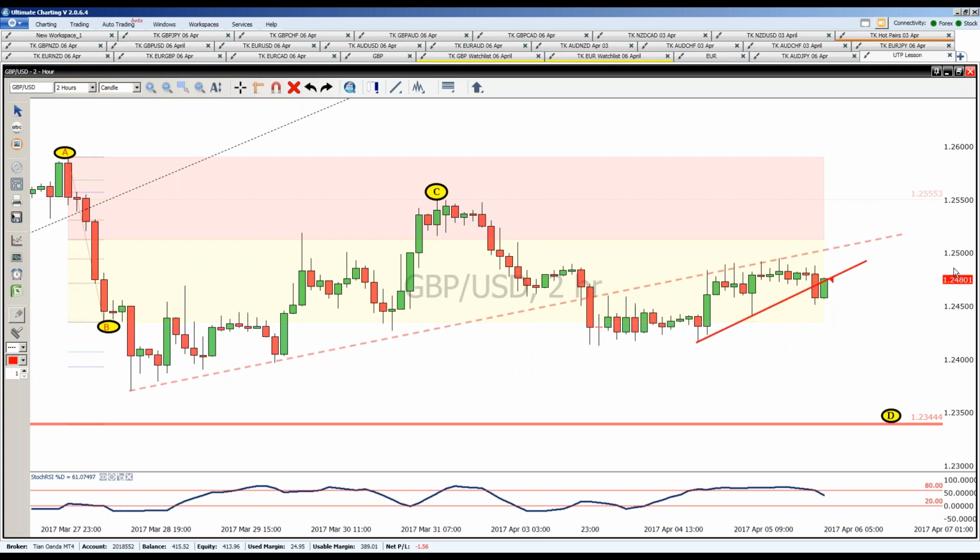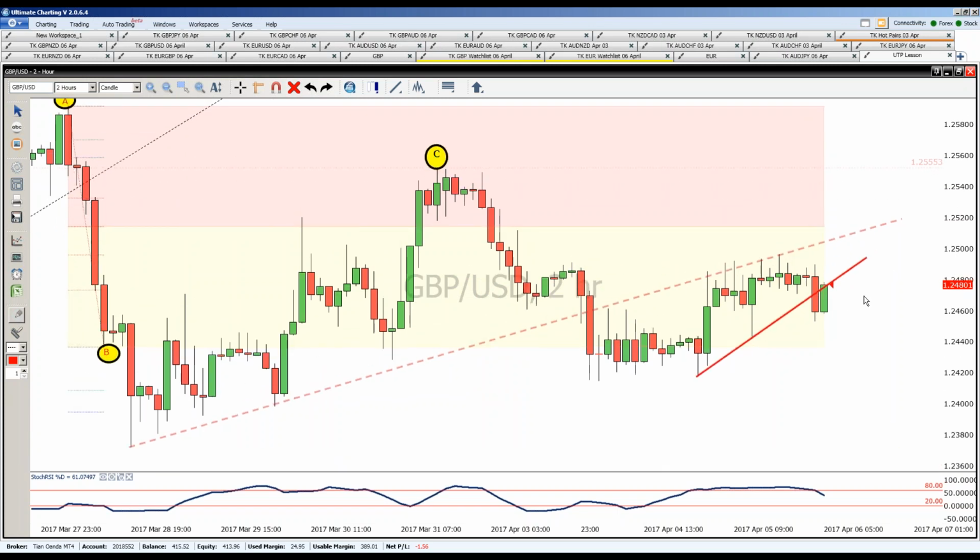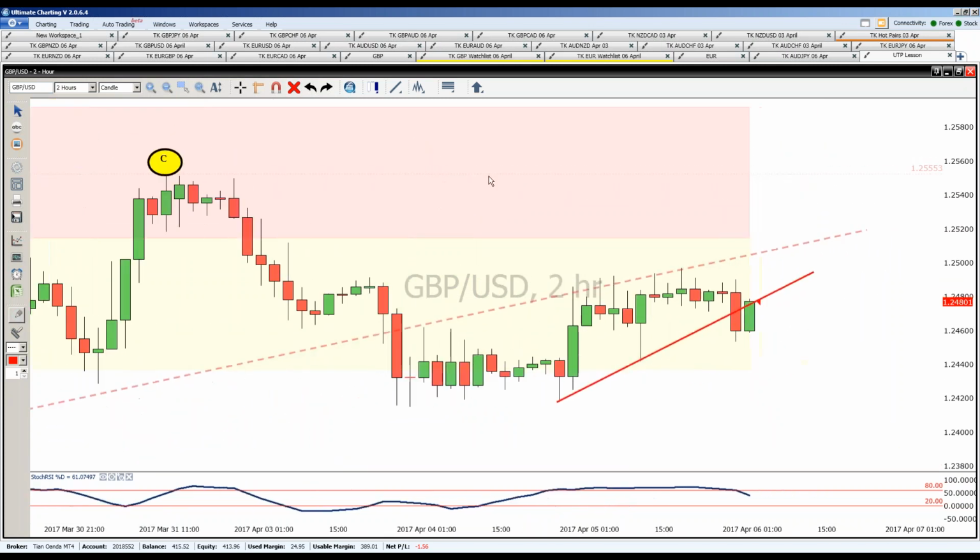Look at that. We also have past support becoming future resistance right over there. So there's a confluence of resistance where we are now.